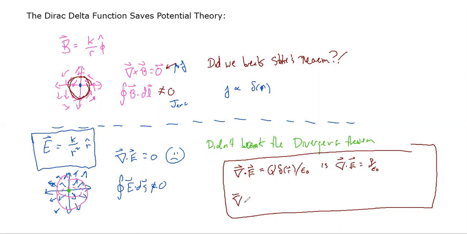Likewise, when we look at the current density in a magnetic field, this is mu naught times that current, delta of r. Oops, sorry, it's curl of B. And that's mu naught J enclosed. So this is the current density. Probably didn't spend too much time there.